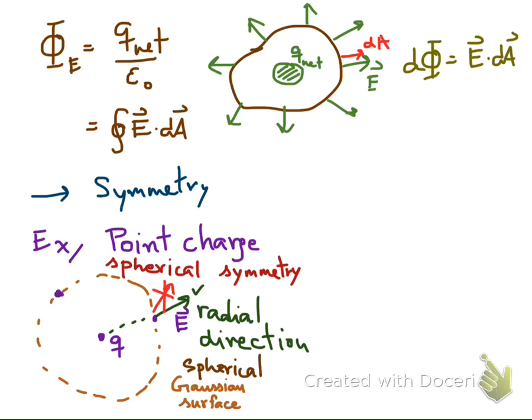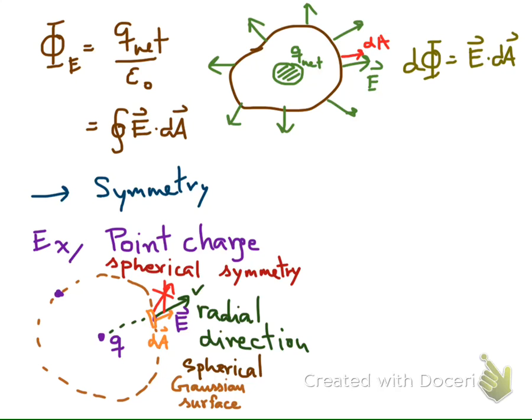Now, when we expect the electric field to point in the radial direction, you can see that E will be parallel to the vector dA.